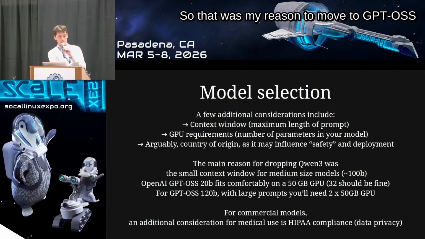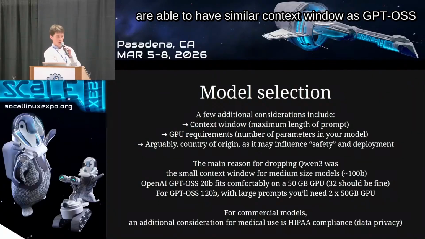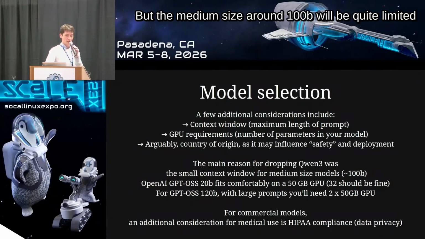So that was my reason to move to GPT-OSS. The larger DeepSeek and Qwen models, like 600B, are able to have similar context window as GPT-OSS, but the medium size around 100B will be quite limited.